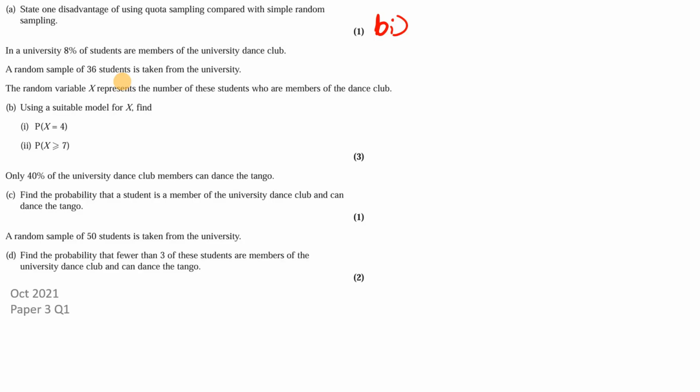There is a fixed probability of success because 8% of the students are members of the dance club, and the trials should be independent of each other because the students are selected at random. Okay, so X can be modelled using a binomial distribution where there are 36 students, so n is equal to 36, and 8% of students are members of the dance club, so the probability is 8% or 0.08.